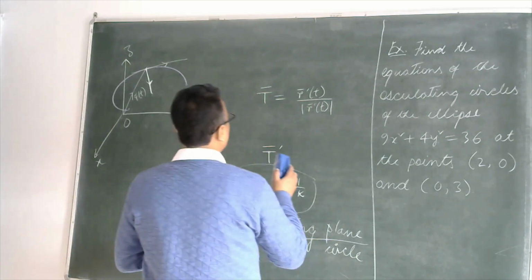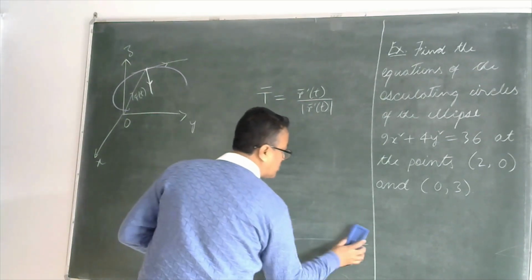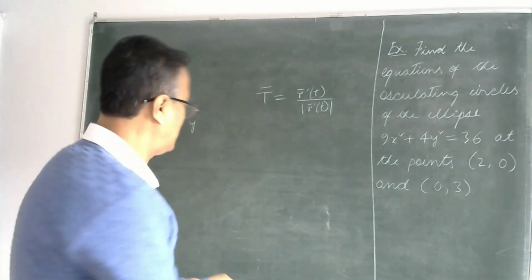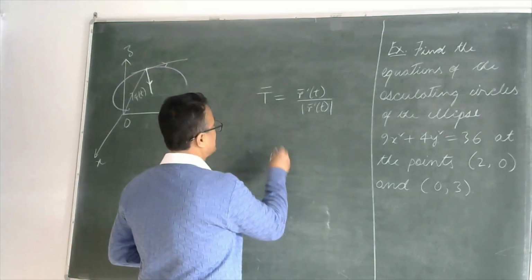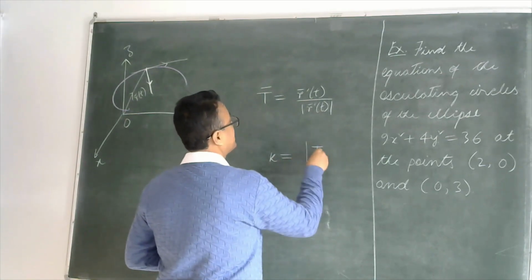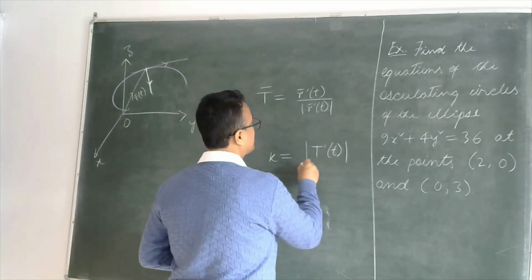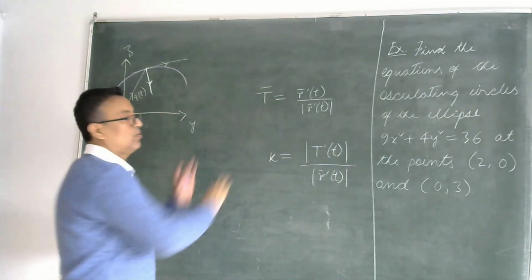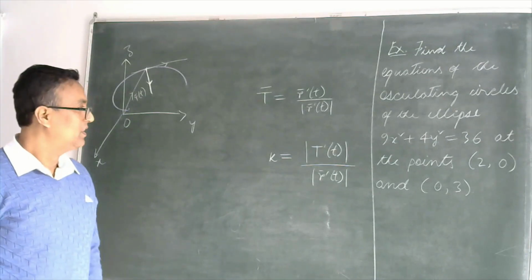I don't want to go back to the definition of curvature, but you know that curvature kappa was defined as mod of T prime(t) divided by mod of r prime(t). You know what is what here.